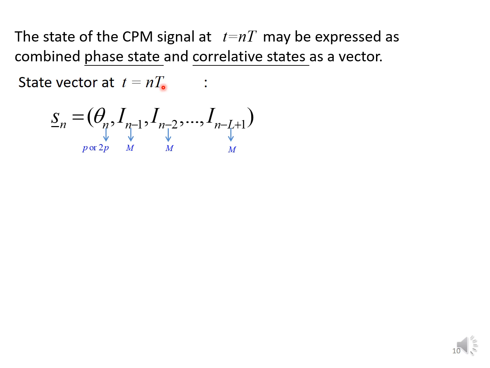the state of the signal can be expressed by the state, and the state is determined by many parameters. The state of the signal is determined by the phase state, or initial phase state, and all the previous transmission symbols.